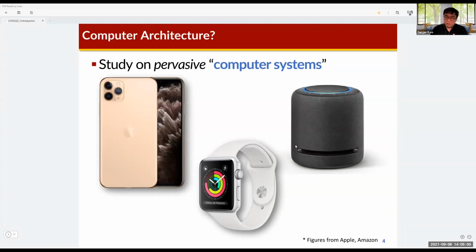Recently, we use computer systems or computer hardware every time and everywhere. It is because this is the mobile computing era. That means we use our smartphone, smartwatch, or even smart speakers. So these are all computers.